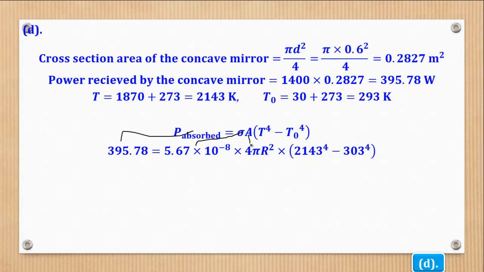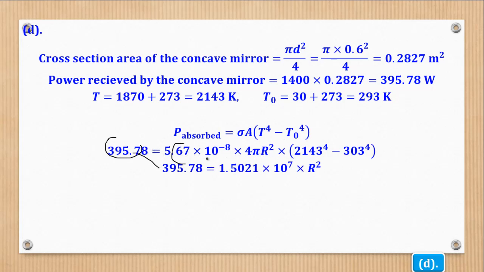Then cross surface area of the sphere, and this is the difference in the fourth power of the temperatures. So it is only r which is unknown, meaning that it can be got.